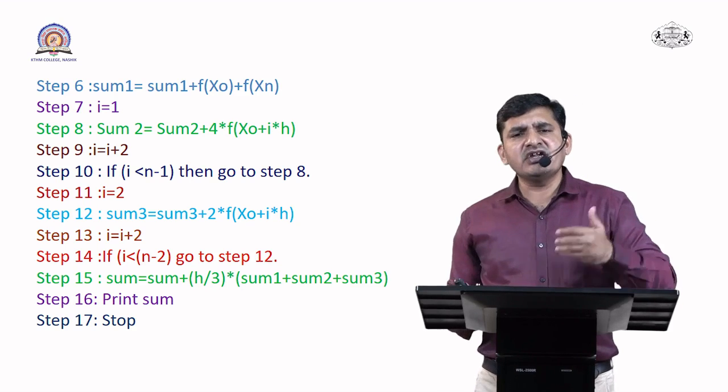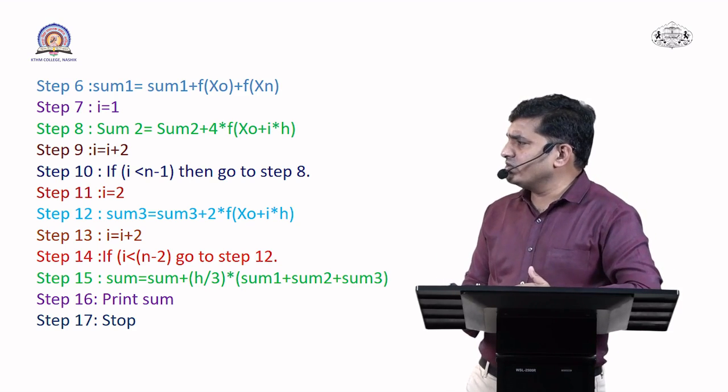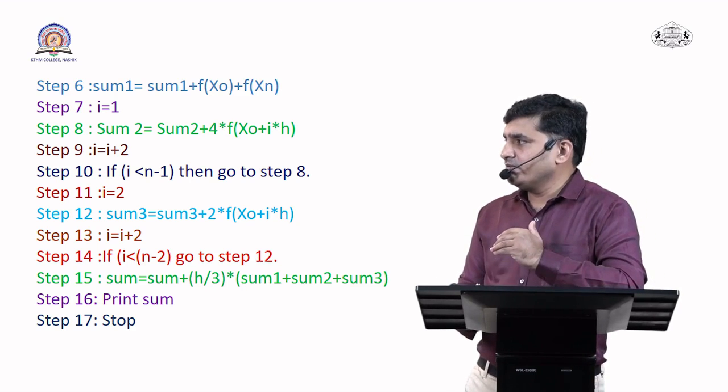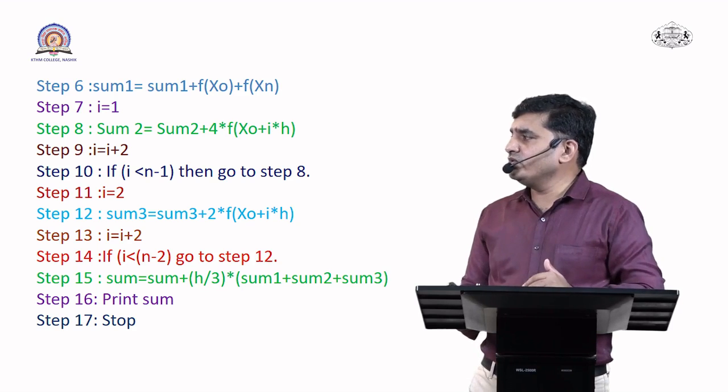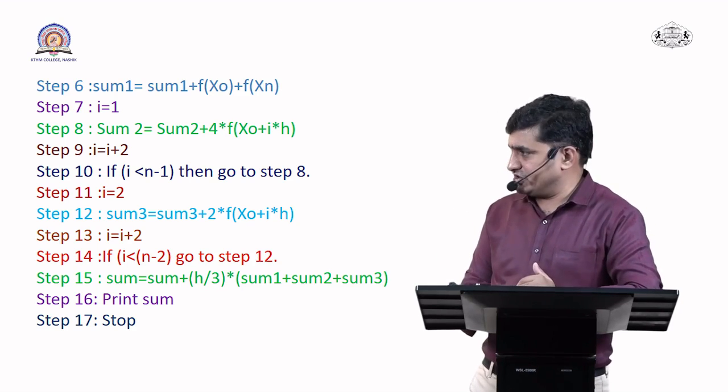Now consider I is equal to 2. Sum 3 is equal to sum 3 plus 2 into f of x0 plus I into h.